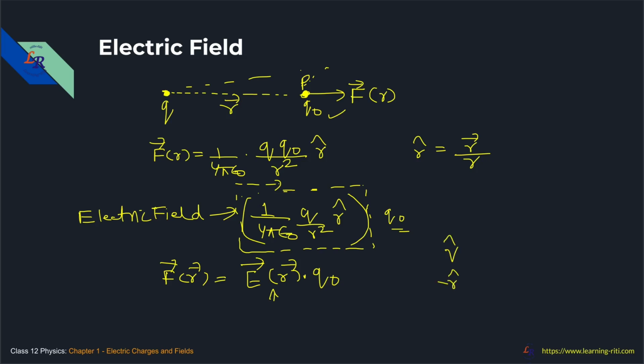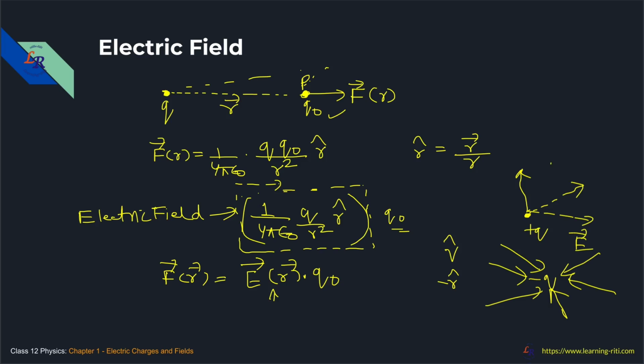So it represents that if there is a positive charge, the field direction will be radially outward, and if it is a negative charge, the field will be radially inward towards the charge. This is another concept: we are giving the field direction based on the equation we now have, and there is a charge q0 which we can always multiply.